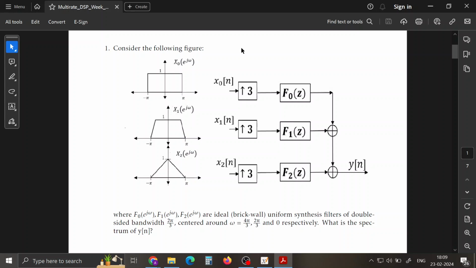Okay, so I hope you have gone through the question. In fact, this is a very similar problem to one that was discussed in the lectures as well.